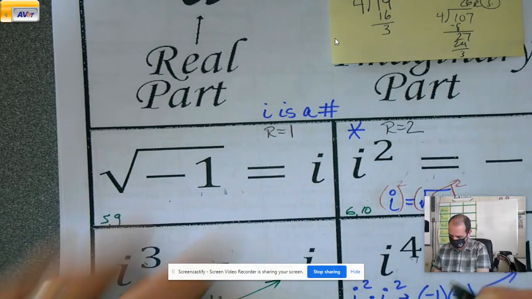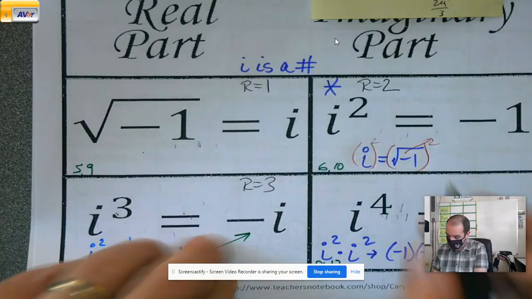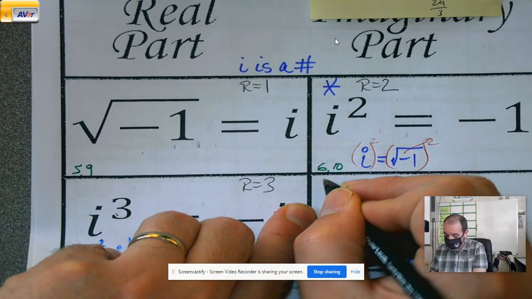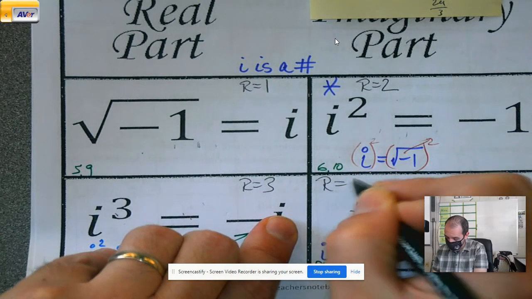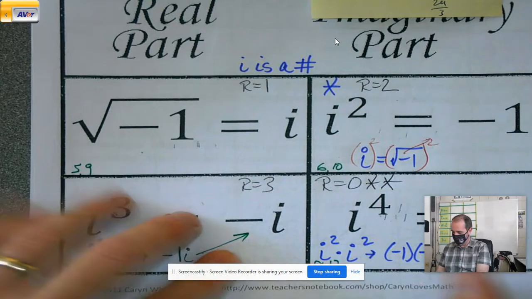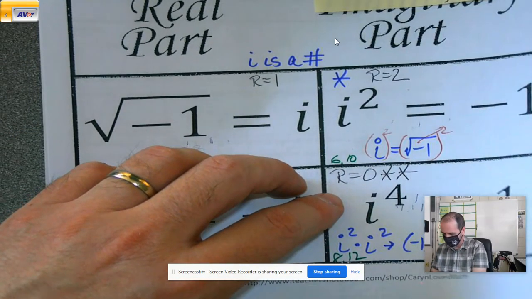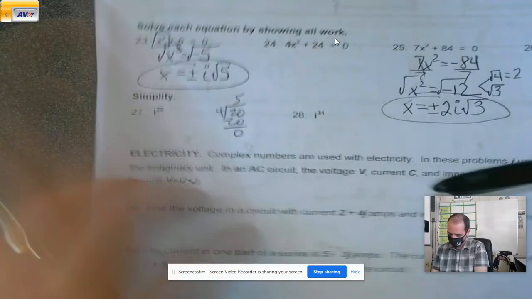Remainder 2 would get me i squared. Remainder 3 gets me i to the third. And here, since 4 would go in evenly, remainder 0 gets me i to the fourth. So you're like, that's kind of weird. Well, it's math. Math is weird.